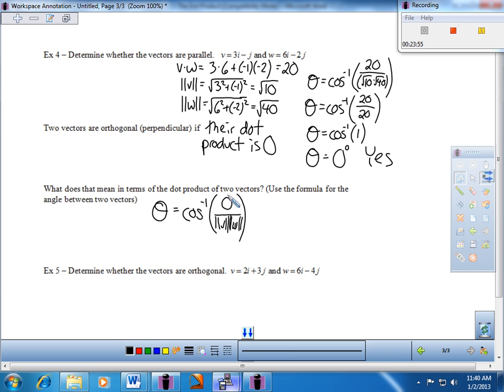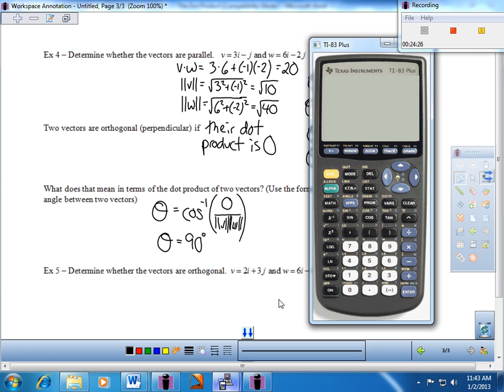And so here's the great one. In this case, if the dot product is 0, hey everyone, what is 0 divided by anything down here? Well, 0 divided by anything is still 0. And no matter what, of course, what is the inverse cosine of 0? Well, we've seen this before. The inverse cosine of 0 is 90 degrees. And again, if you've forgotten all that stuff about inverses, let's just quickly pull that up here.